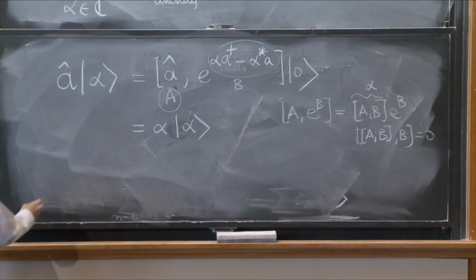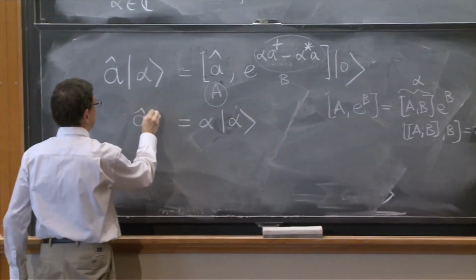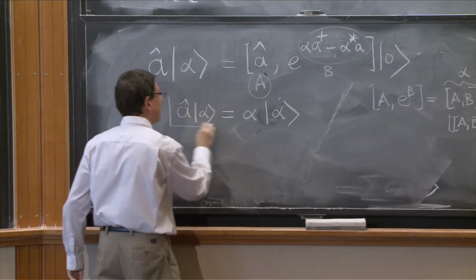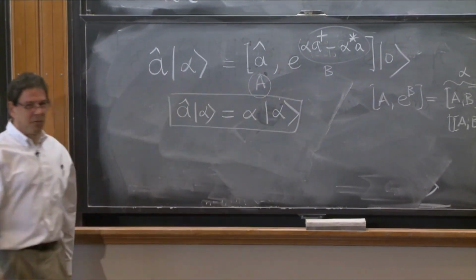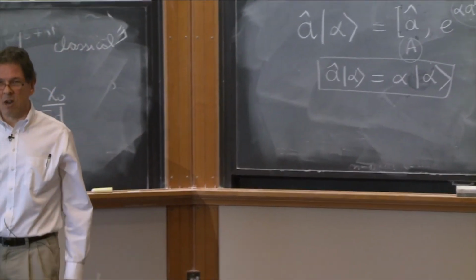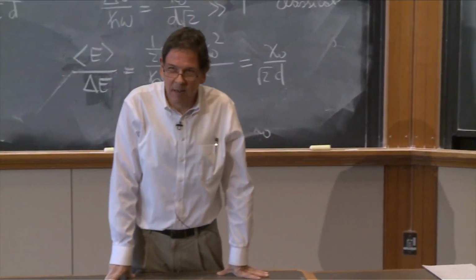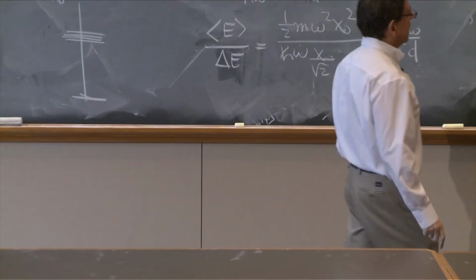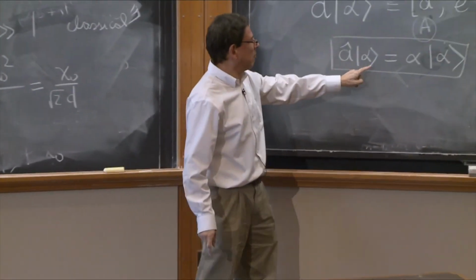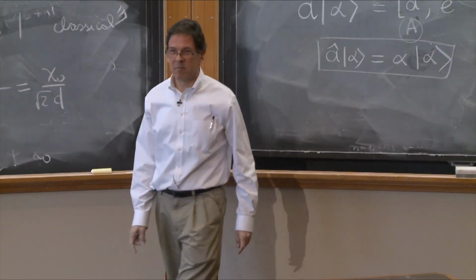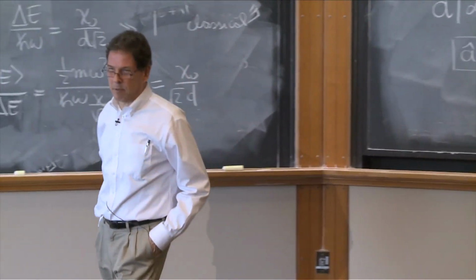So there you go. You have achieved the impossible. You've diagonalized a non-Hermitian operator. This is not Hermitian, and you found its eigenvalues. How could that happen?